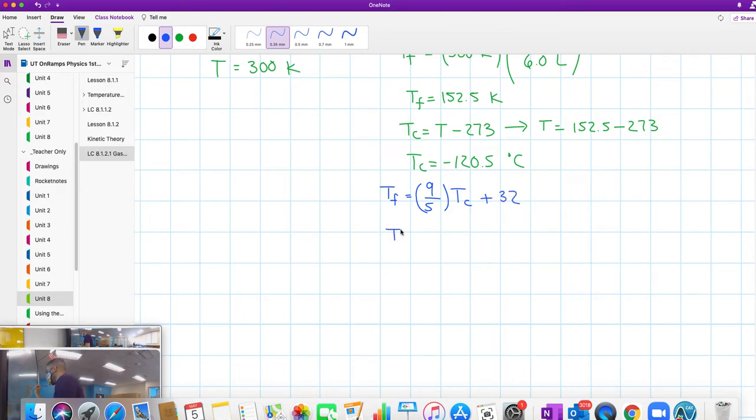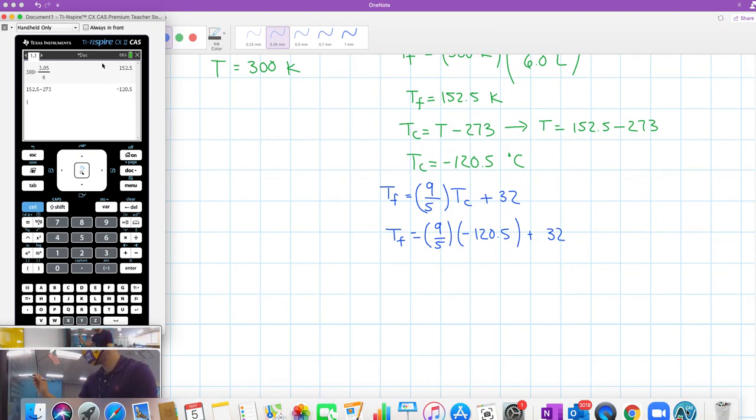Let's substitute: temperature in Fahrenheit equals 9 divided by 5 times negative 120.5 plus 32.